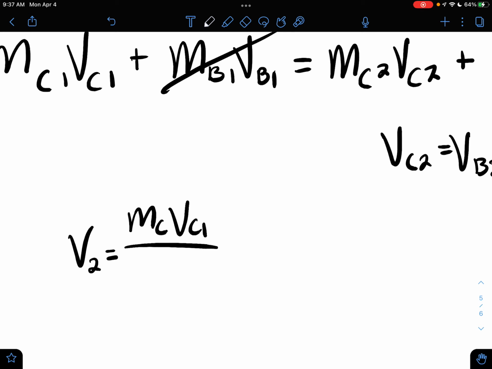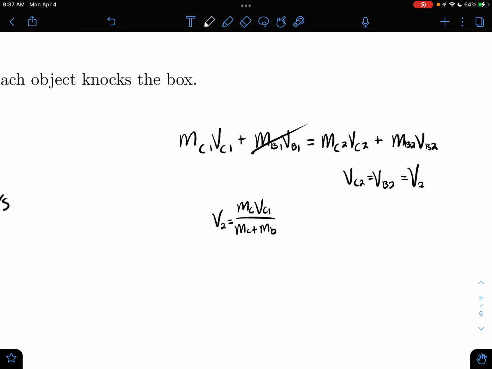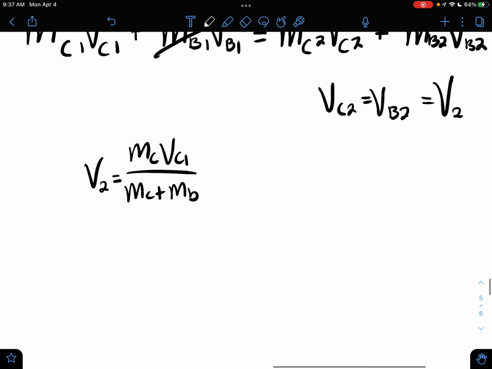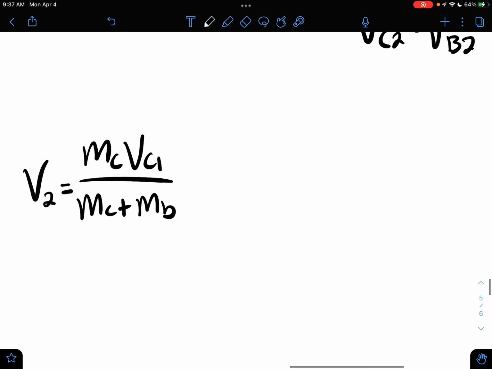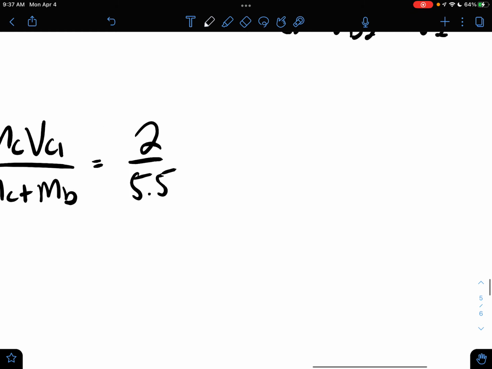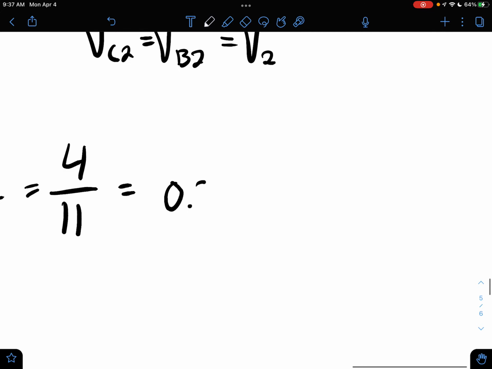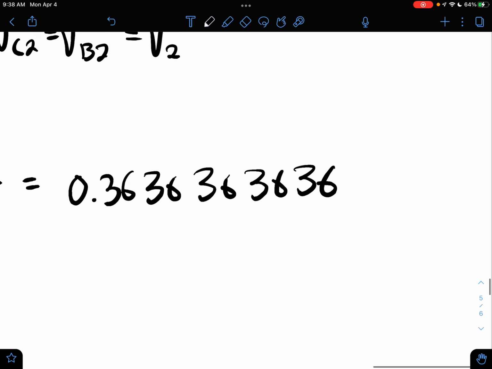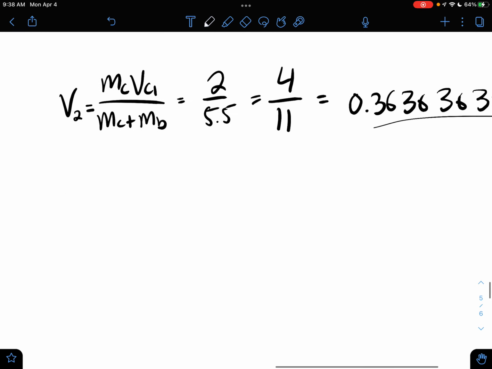So here's the velocity of the box and the clay together at the end, which equals 2 over 5.5, or simplifying the fraction, 4 over 11, or for decimal's sake, 0.3636363636 meters per second. Again, that's just our v_2.